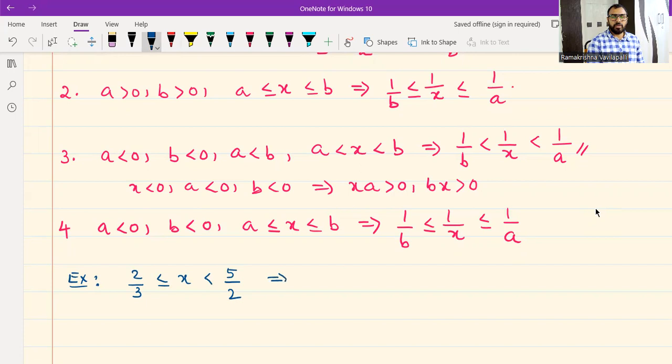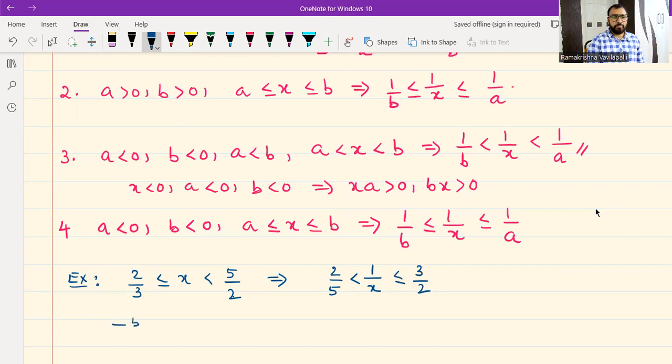Here one is less than or equal to, the other one is less than. So 1 by X: the right hand reciprocal is 2 by 5. So correspondingly, you have to write strict inequality, less than or equal to 3 by 2. So there ends the matter.